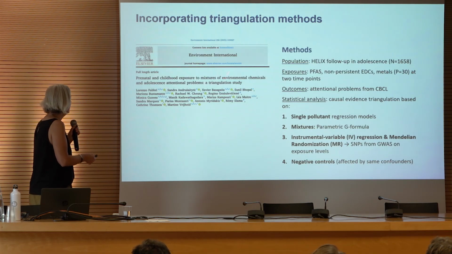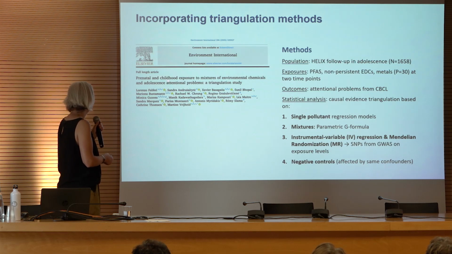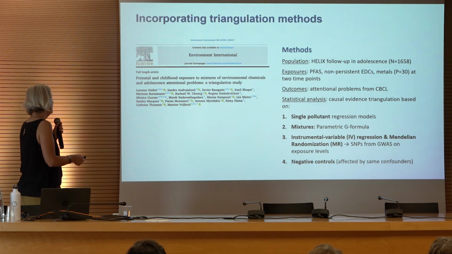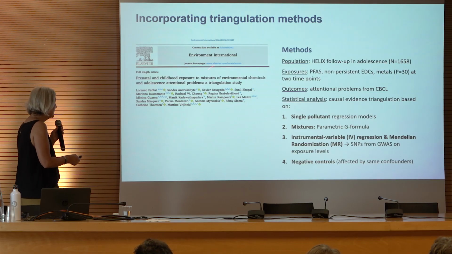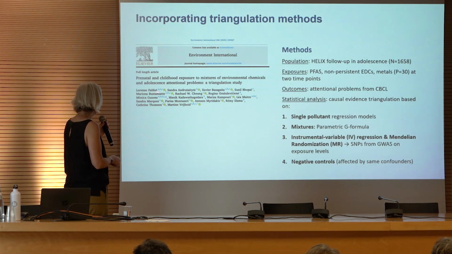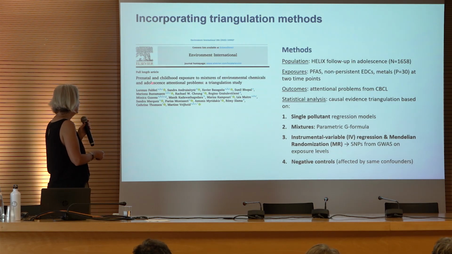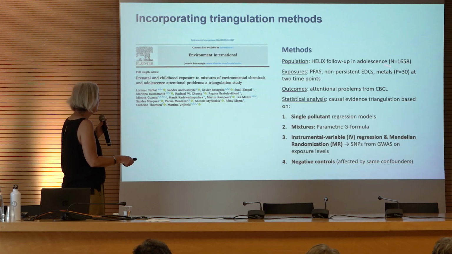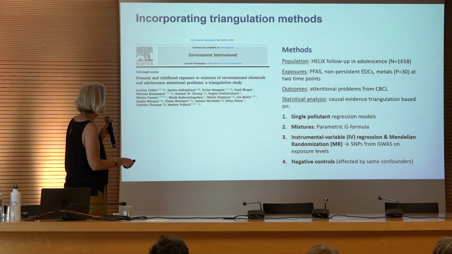This is one paper that we published last year where we tried to use some of the triangulation methods to get closer to causality in our analysis of mixtures of environmental chemicals in relation to attentional problems in adolescents. Here we measured 30 different chemicals at 2 different time points.